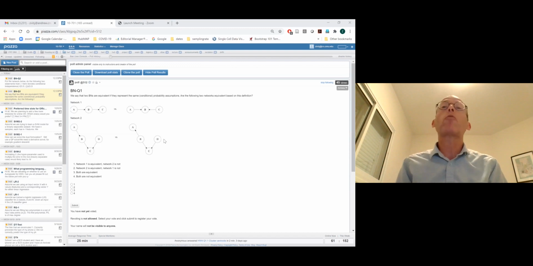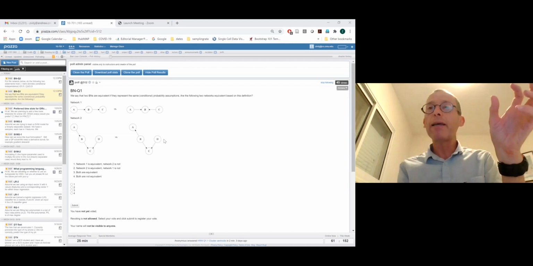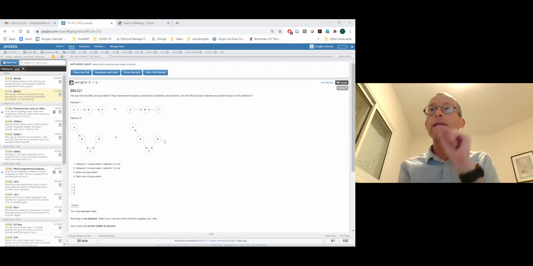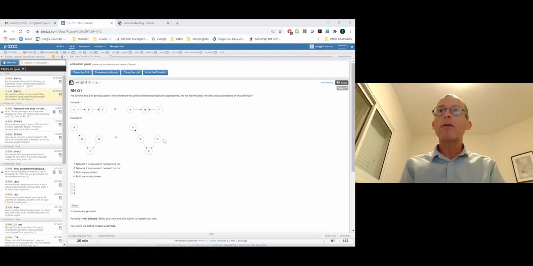You can check all the pairs or all the subsets and show that they are the same, but that's hard to do. Another way is to show that the joint probability, if I write P of A, B, C, has the same factorization, the probability of a node given its parents, in both networks.